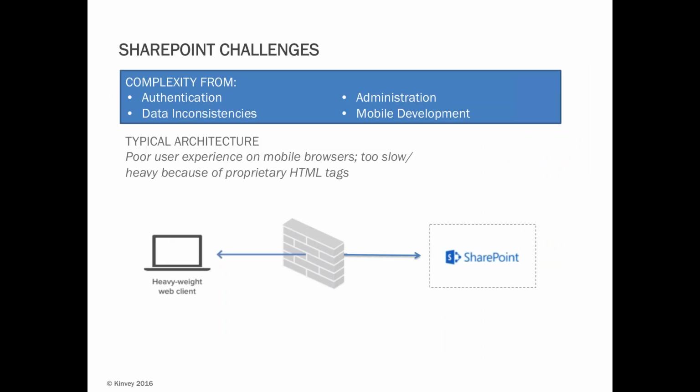There's important data in there. Most companies that have a SharePoint instance use it fairly heavily, but they really can't access it very well on their mobile device. The web client that SharePoint has doesn't work very well on mobile. If it's an on-premise instance of SharePoint, you may not even be able to access it on mobile. So out of the box, it's really not a very friendly experience.